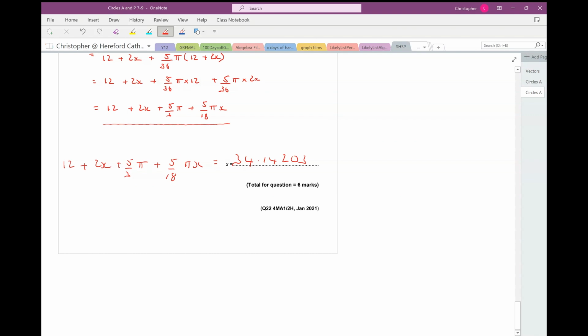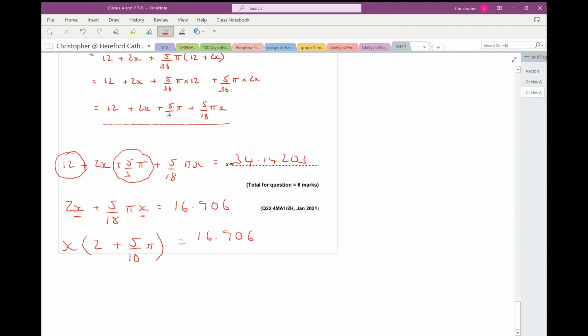So I can subtract this from both sides and the 12 from both sides to give me 2x plus 5/18 pi x equals 16.906. Now it'd be useful to factorize the left-hand side to pull out these x's. How many x's have I got altogether? Well, I've got 2 plus 5/18 of pi x's altogether.